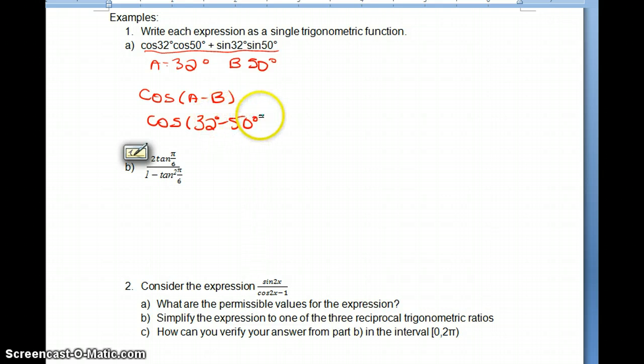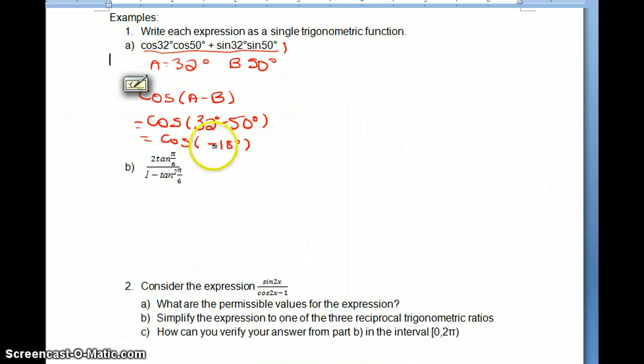I guess we should write our units there, that's in degrees. And that is equal to, put it into your calculator, cosine of negative 18 degrees. If you put this into your calculator and compare it with the value of cosine of negative 18 degrees, you should get that they are both equal.